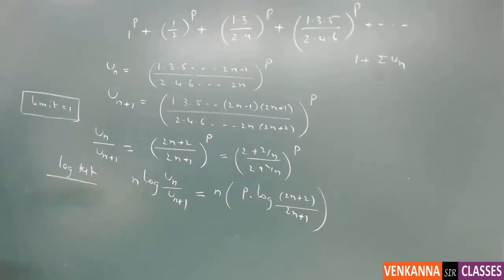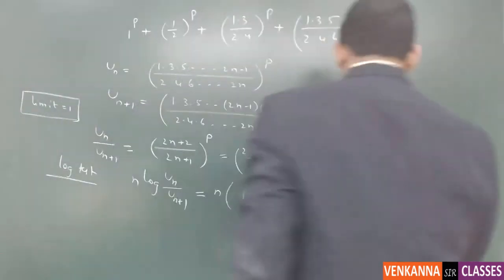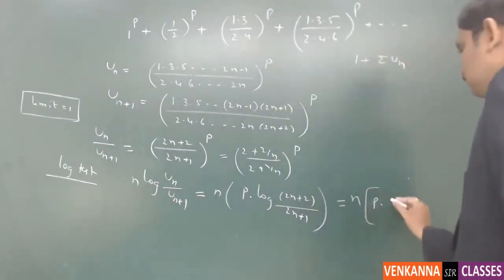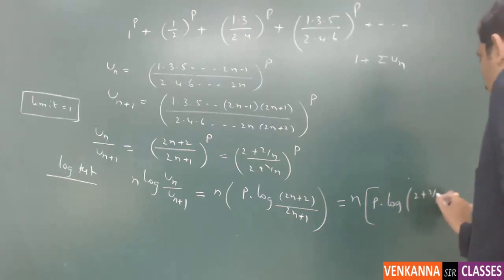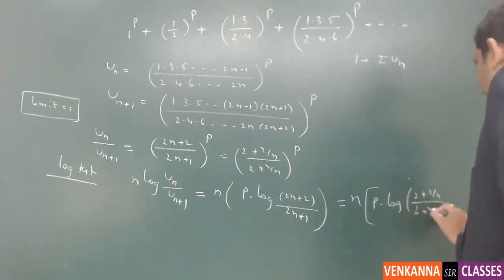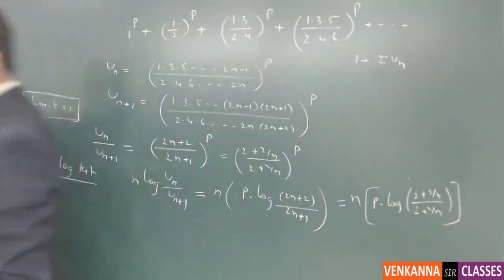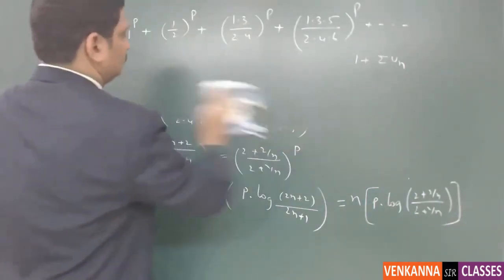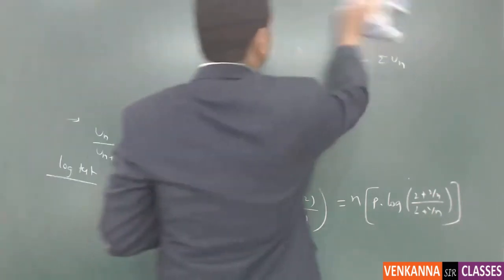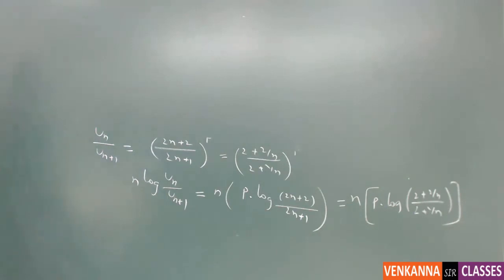Now you are going to simplify the expression there. (2 plus 2 by n) by (2 plus 1 by n). You are going to simplify the terms there.